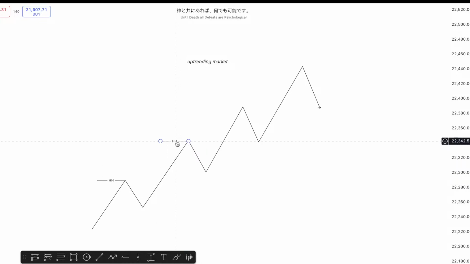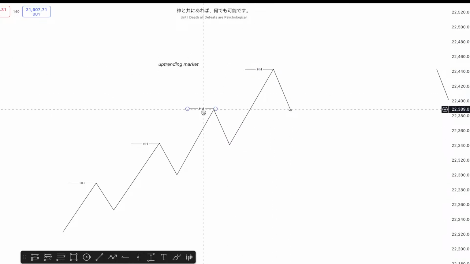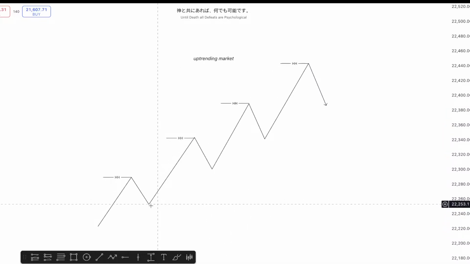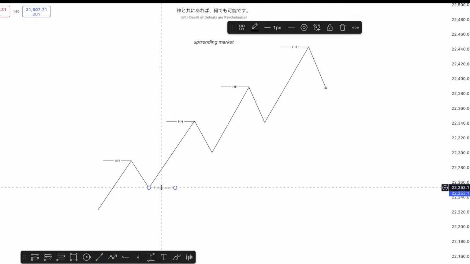So this is a high higher than the previous high, a higher high. Higher high and higher high. Now, if every high point is called a higher high, what is every low point going to be called? I'll give you a second. The answer is higher low.